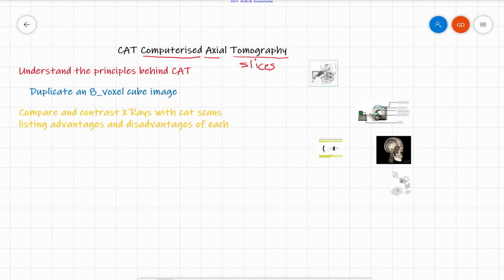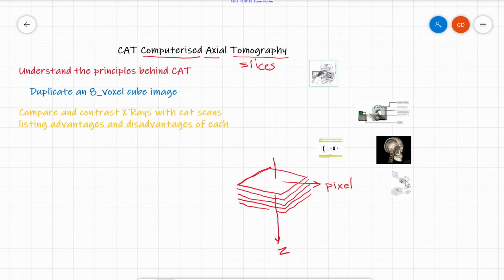If we could imagine that this is one slice, one slice here is called a pixel. When we move the patient in the Z direction on the table, we take images from several angles again. So what we are doing is building slices as the patient is being moved in the Z direction.